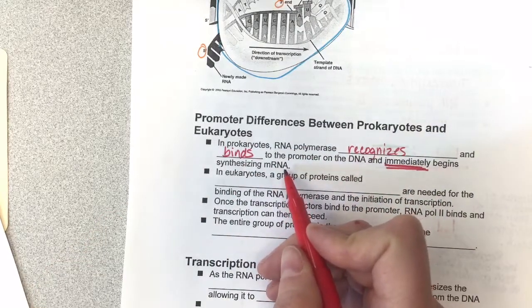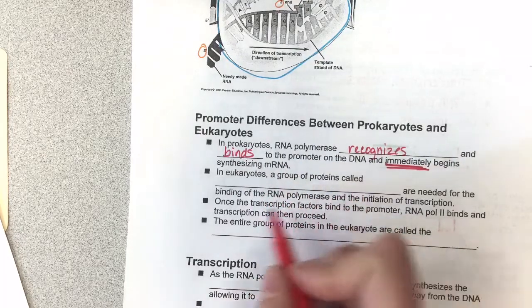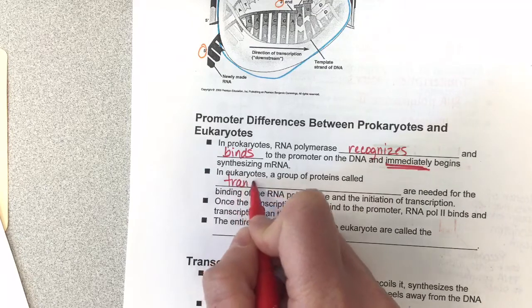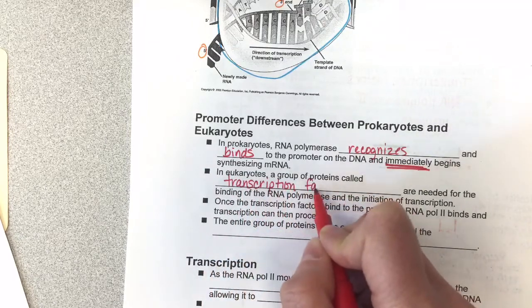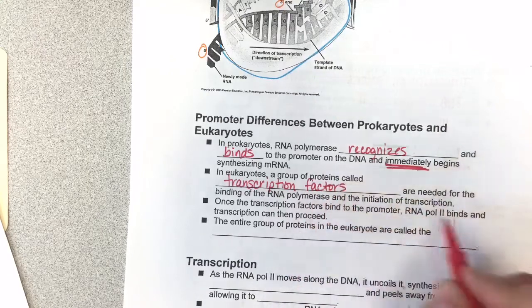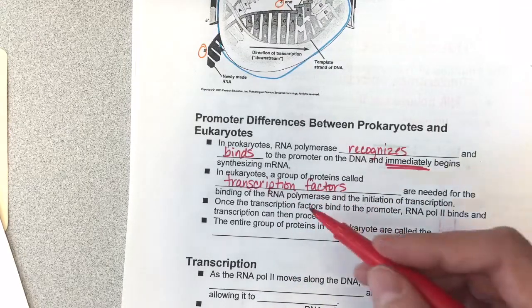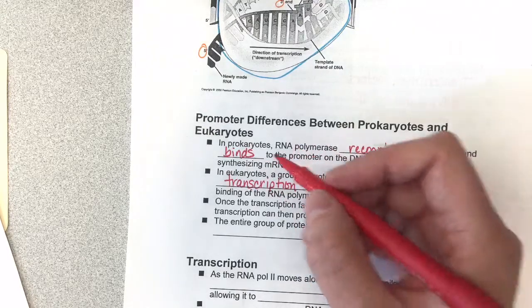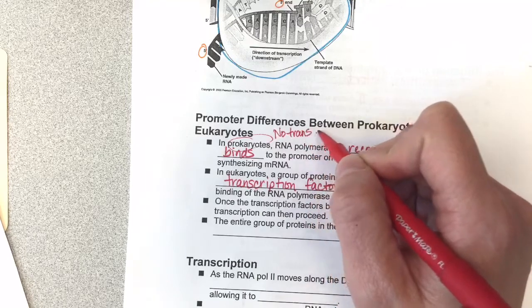All right, so that happens immediately. In eukaryotes, a group of proteins called transcription factors are needed for the binding of the RNA polymerase and initiation of transcription. So what does that mean? In prokaryotic cells, there are no transcription factors.